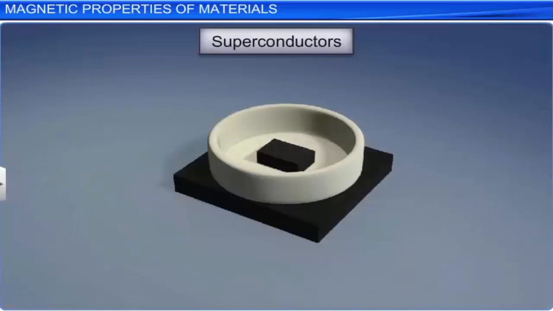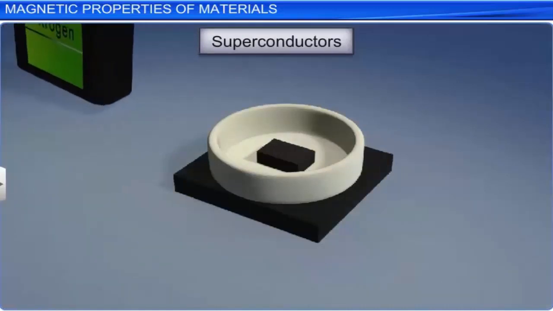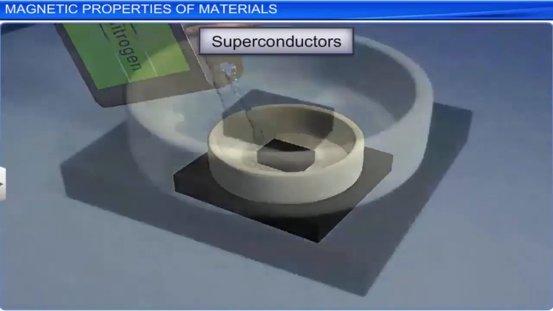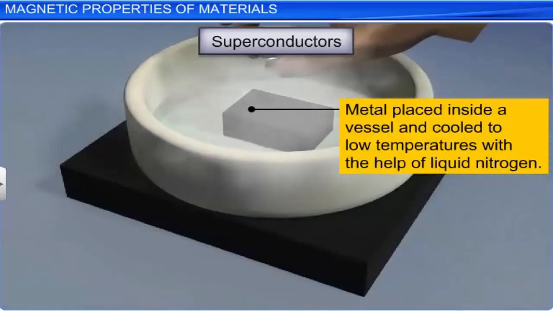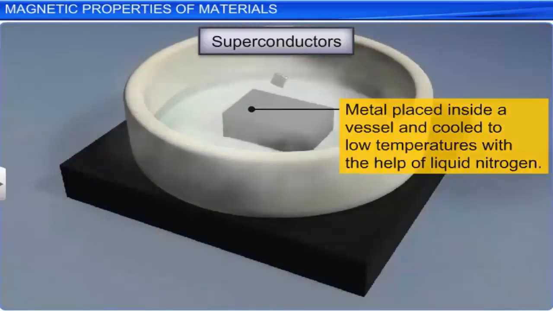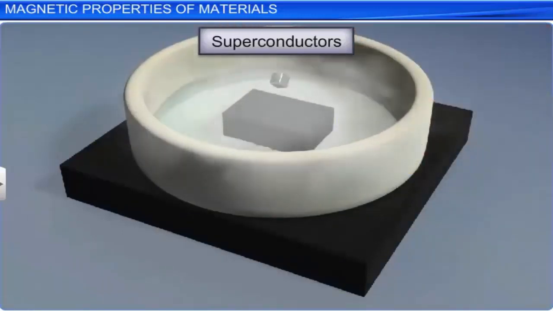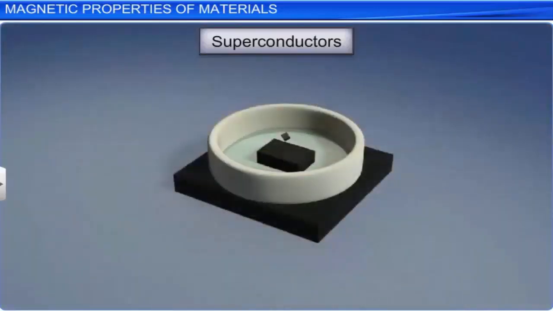Superconductors exhibit perfect diamagnetism. When a material is cooled below its transition temperature, it becomes a superconductor. In the superconducting state, the material behaves as a perfect conductor of electricity and a perfect diamagnetic material.